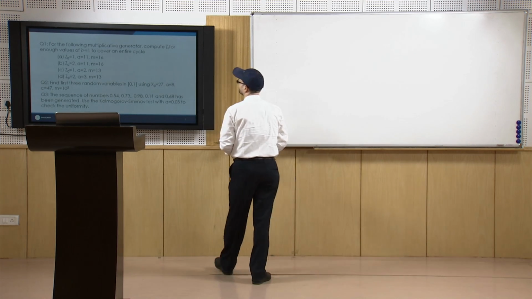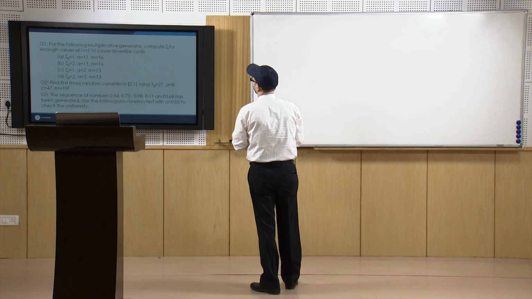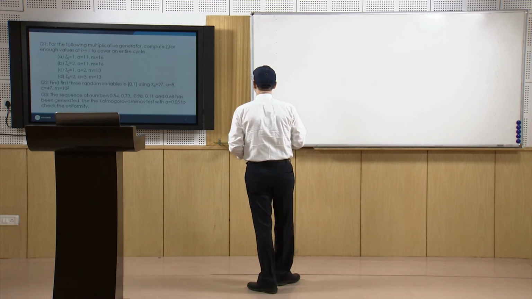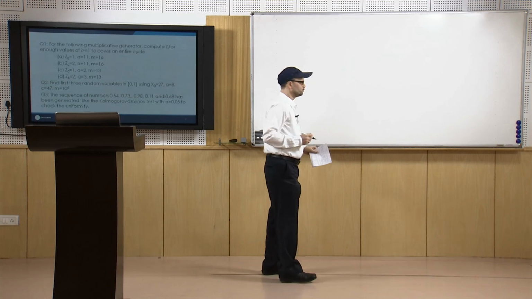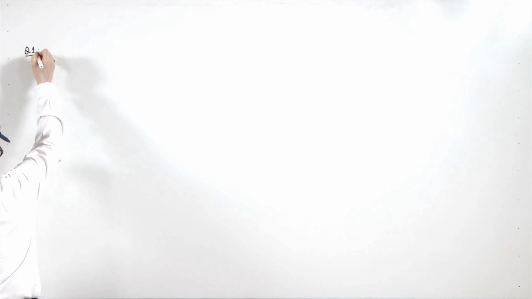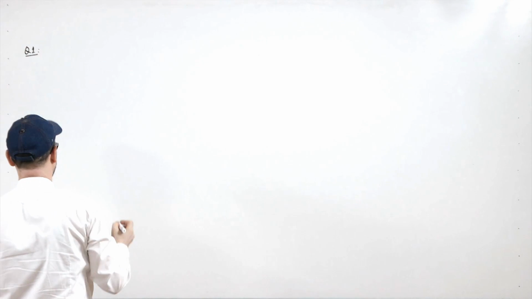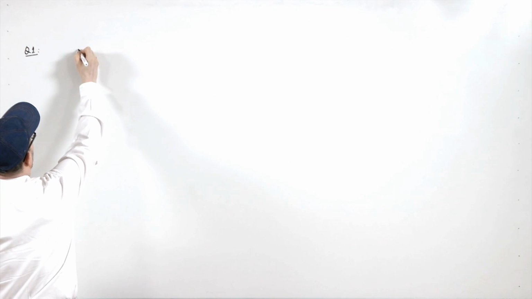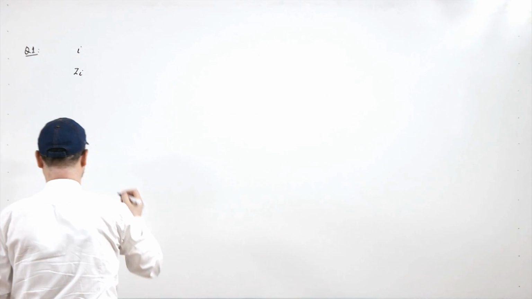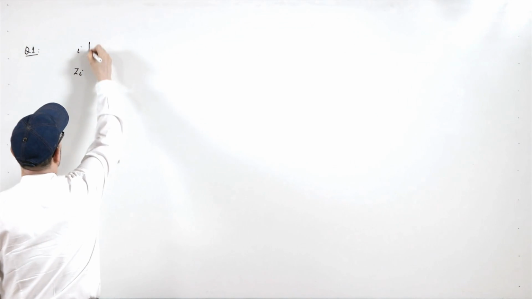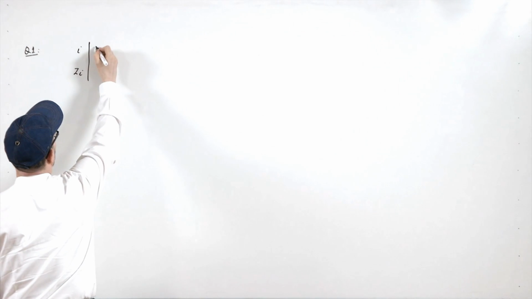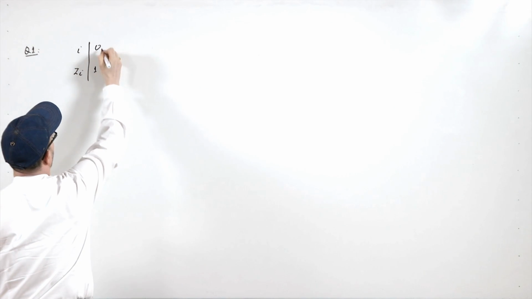The first problem is that Z naught is 1, A is 11, and M is 16. This is question 1. We have I and Z I. Z naught is 1, so when I is 0 it is 1.